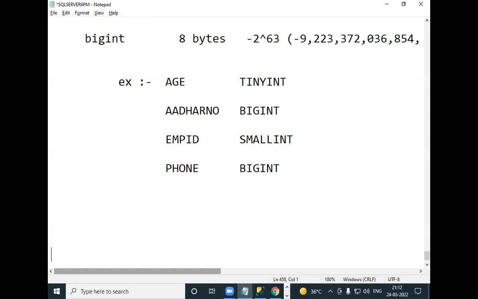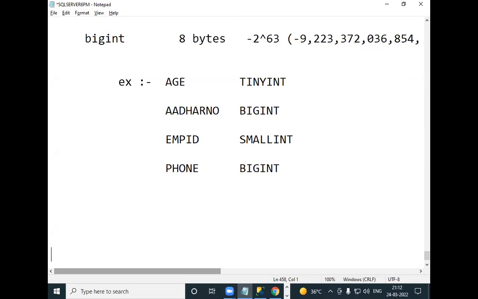If you want to store phone number in database, which is better: character data type or integer data type?